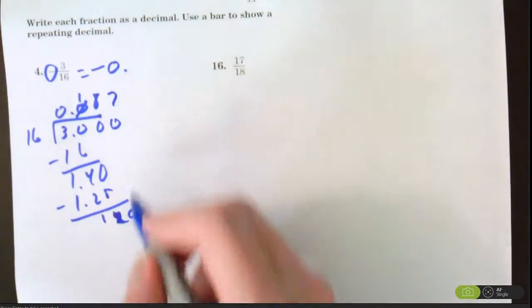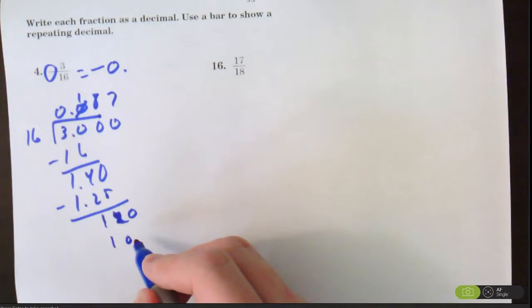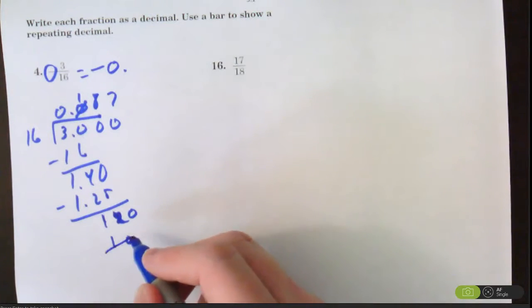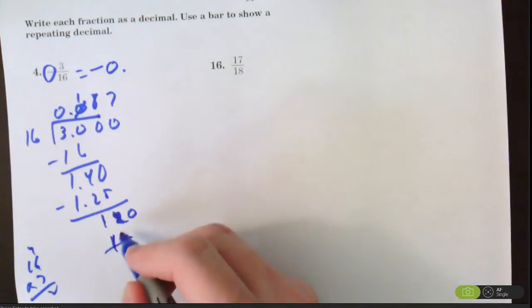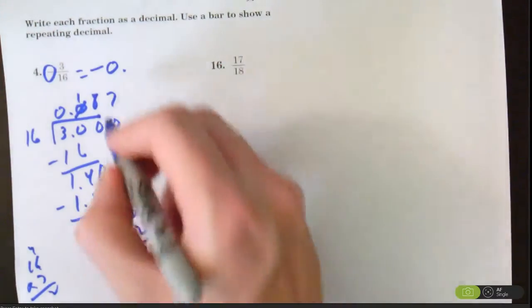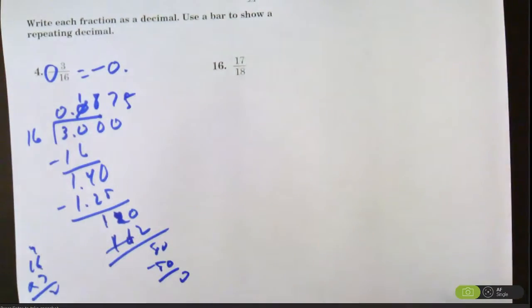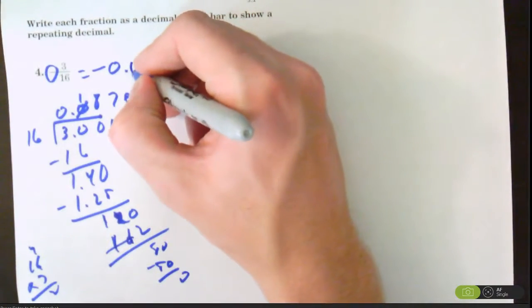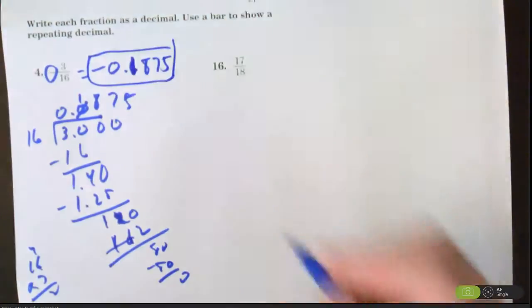It's got to be 7 times after that, 16 times 7 is 112, which gives us 8, and then 80, and that's 5 times, which is 80. So 0 is left over. So 0.1875. But don't forget that negative to it.